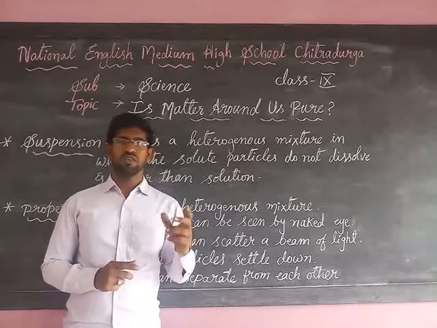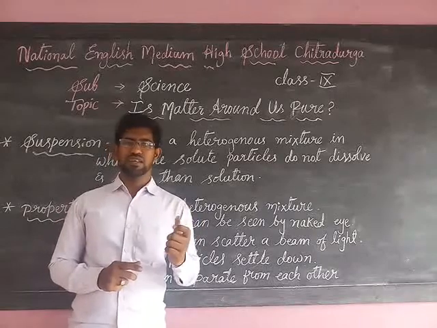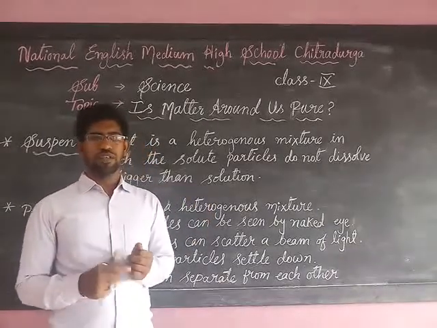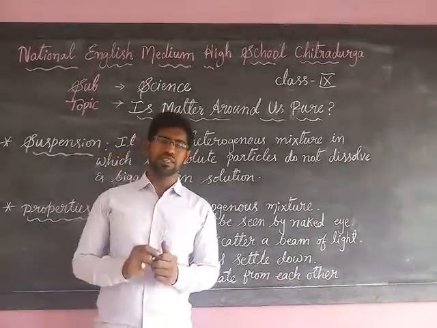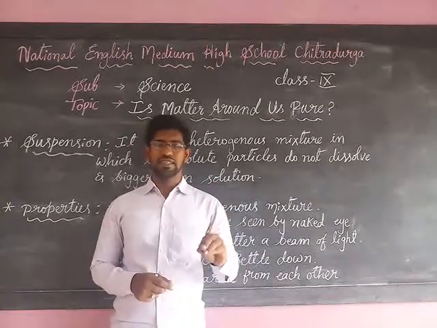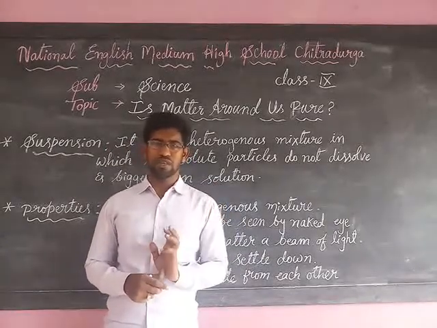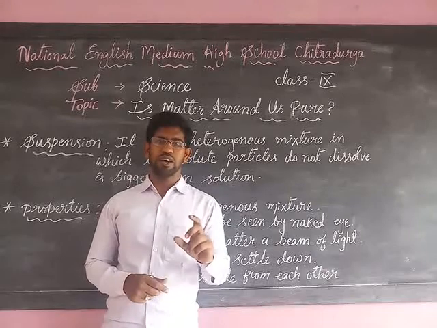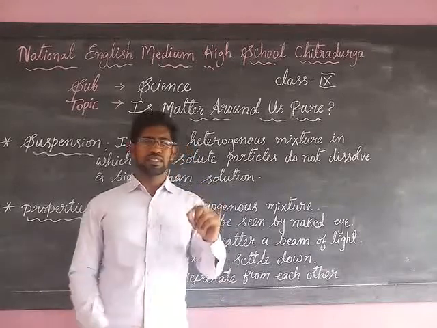Understood? We can take an example, the mud and the water. When we add mud into the water and stir well, we can easily see the mud particles suspended in the water. Is it not? Why? Because of their bigger size.